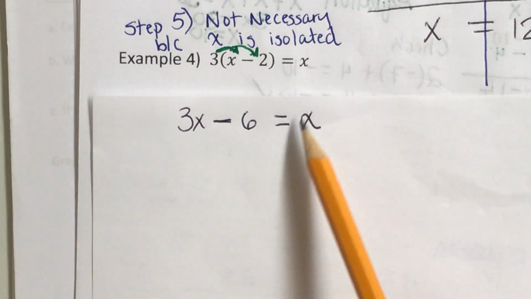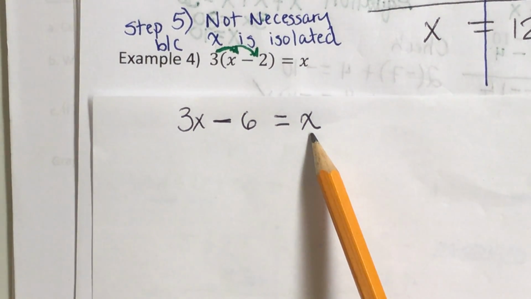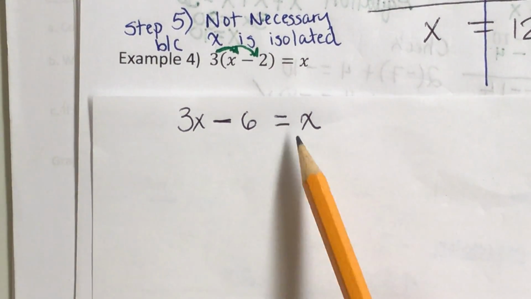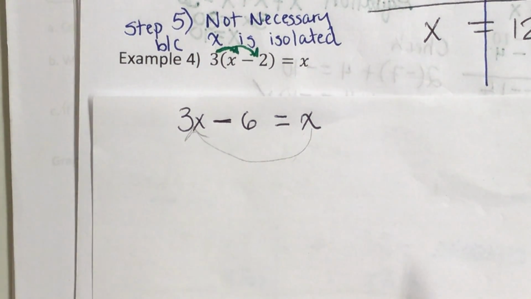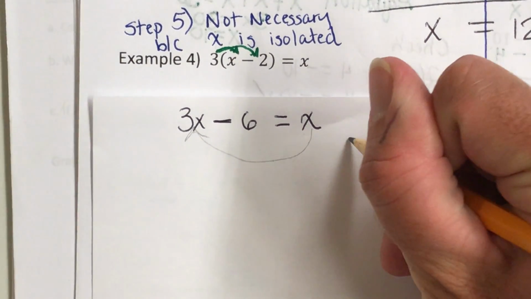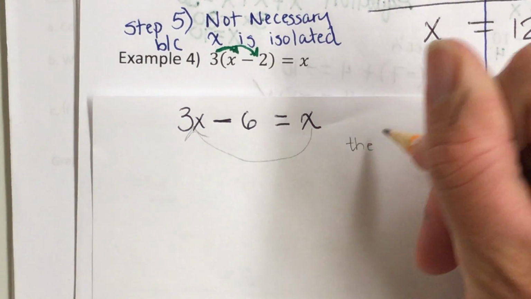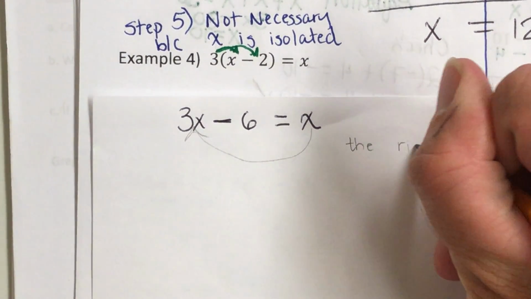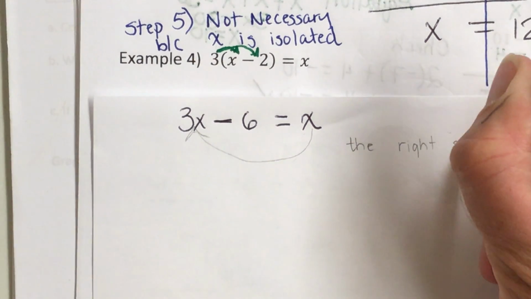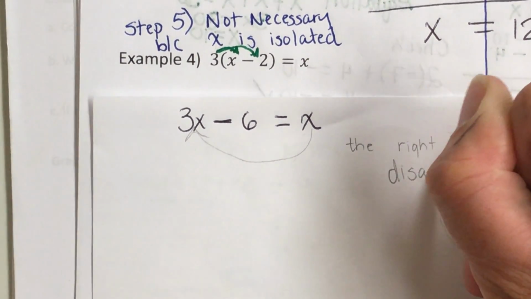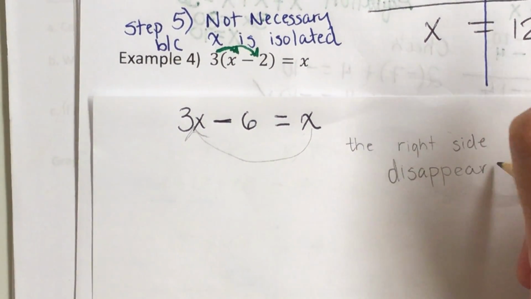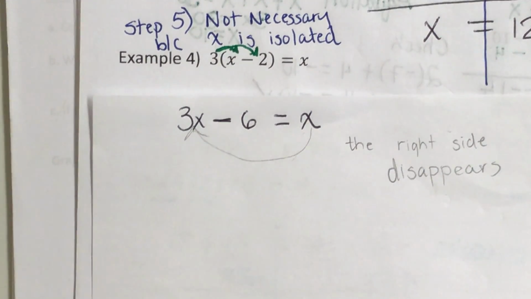So I've always told you to try to focus on the smaller one and move it to the other side. But does anybody know the problem if I move the x over here? What happens? If I do that, then the x, or the right side, disappears.